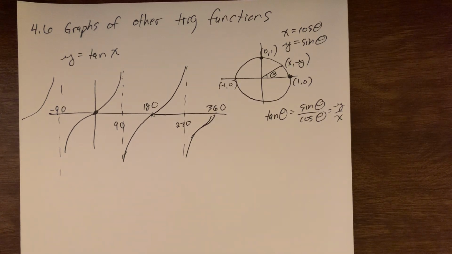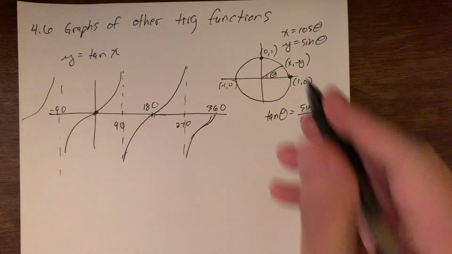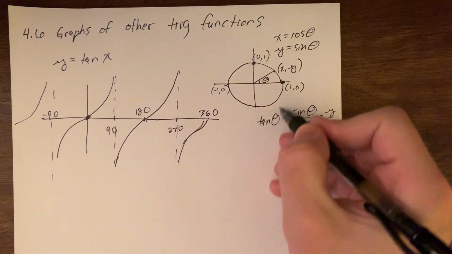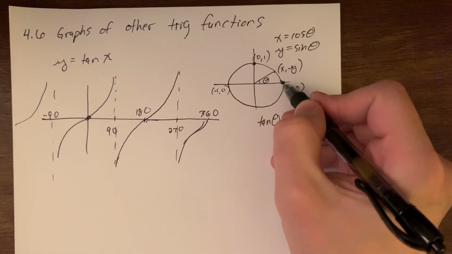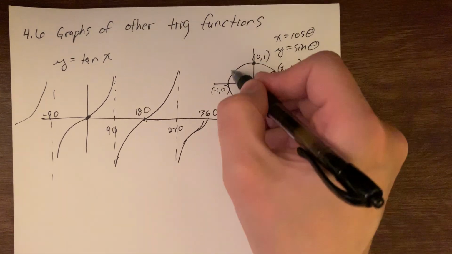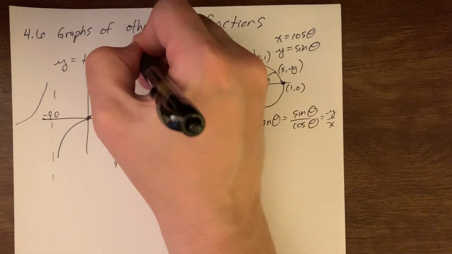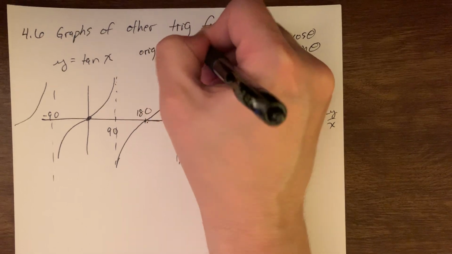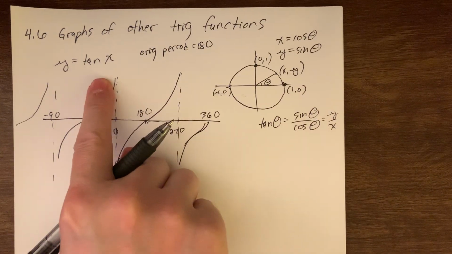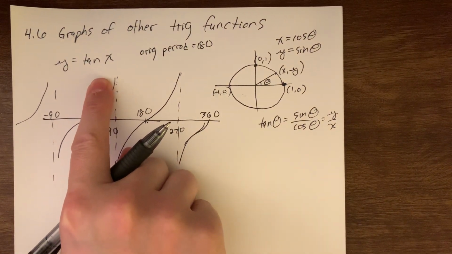It still repeats forever, so we're still going to talk about the period, but here's the biggest difference. Sine and cosine, nothing repeated until you did one loop around the unit circle. So it took the whole 360 degrees. Here, we repeated after we got halfway through. So the original period for tangent will only be 180 degrees.